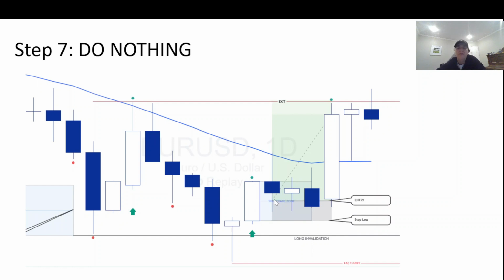Okay, and this can actually deteriorate your account slowly but surely, and it can also deteriorate your psychology. Okay, because when this happens, you get a break even and then it runs to your profit.